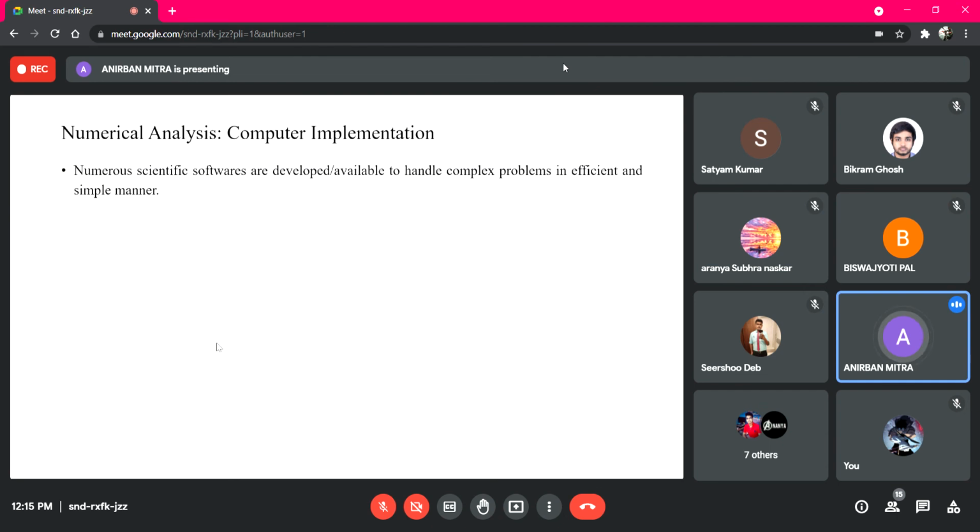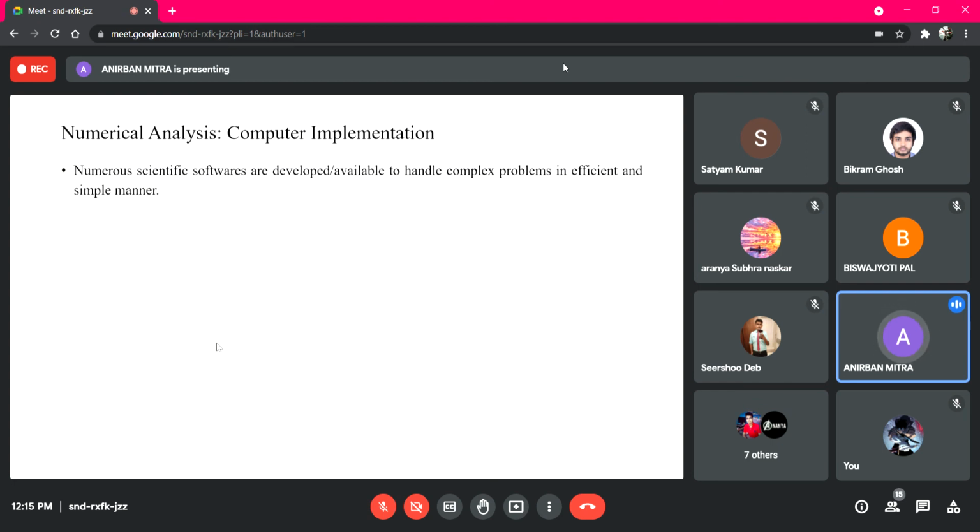Now, one more thing that needs to be understood at this point is that various software packages are presently available to handle complex problems in a very efficient and simple manner.